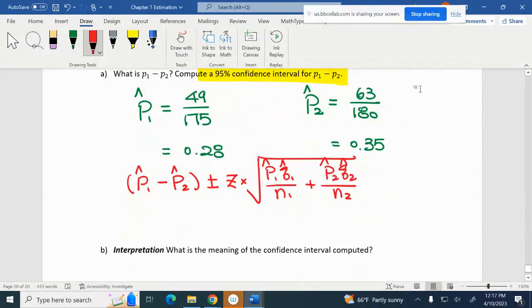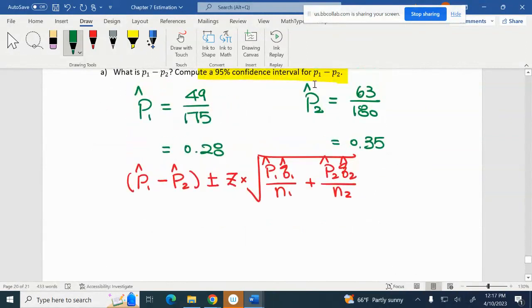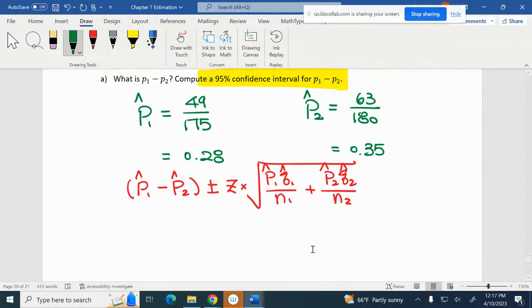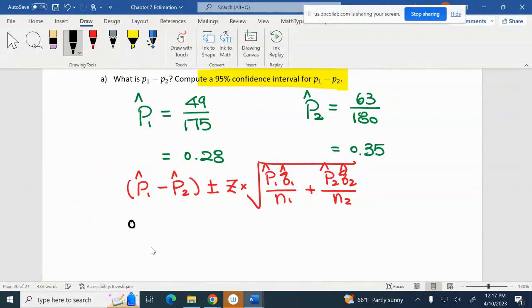So now then, apply the statistics. Let me take the interpretations later on the second page. Okay, now then, 95% confidence interval. Good. So here must be 0.28 minus 0.35 plus and minus.